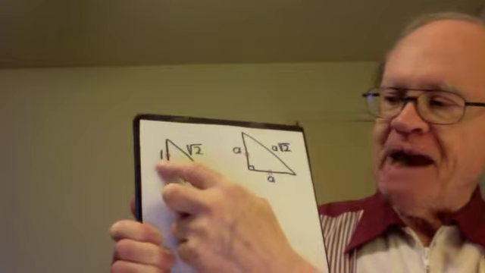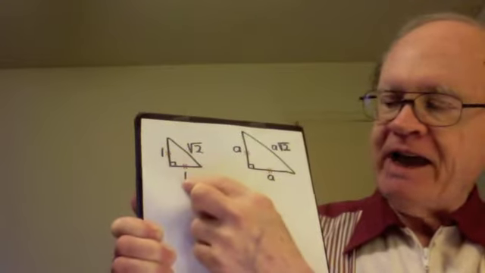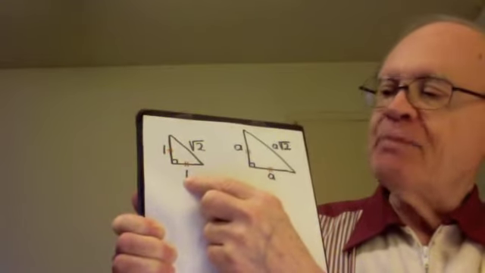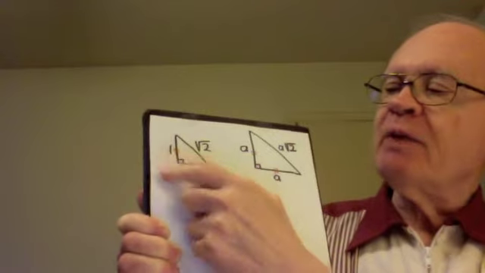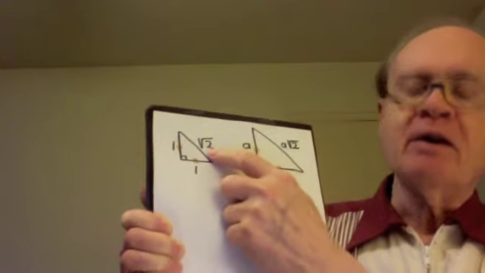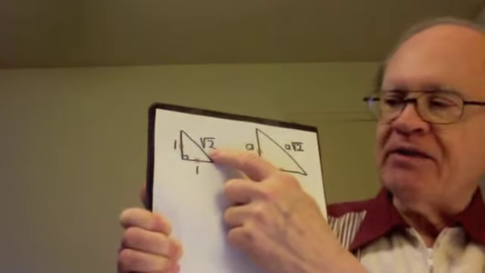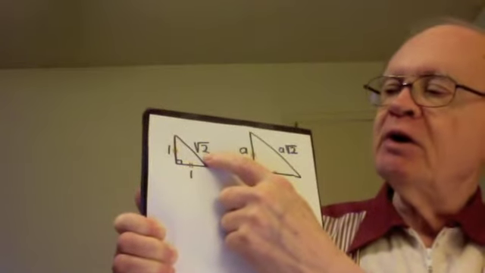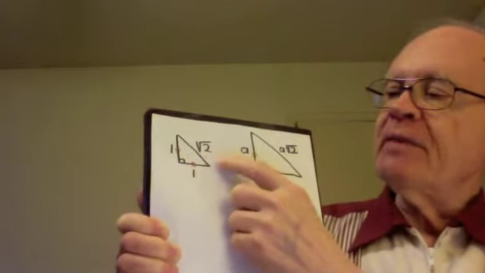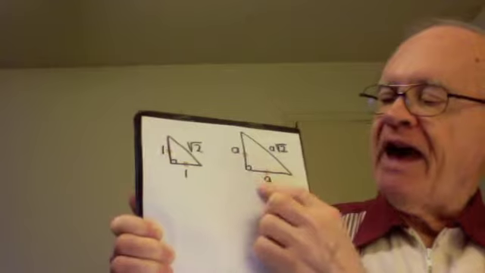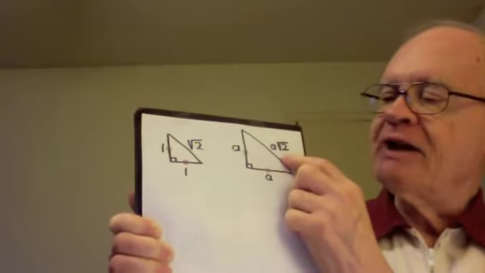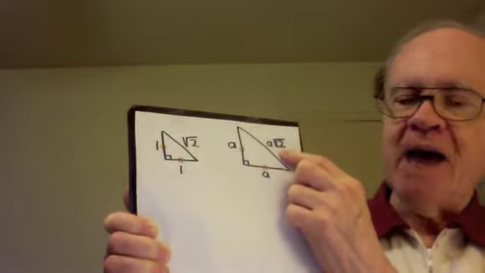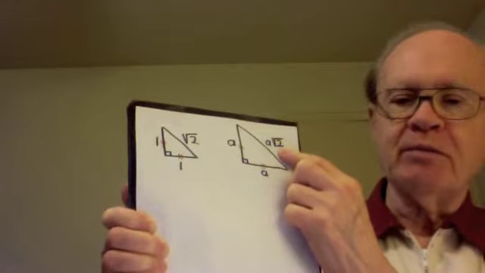The simplest example of that is each leg has length 1, and by the Pythagorean equation a squared plus b squared equals c squared, the hypotenuse has length the square root of 2. Generalizing, each leg length a, hypotenuse length a times the square root of 2.